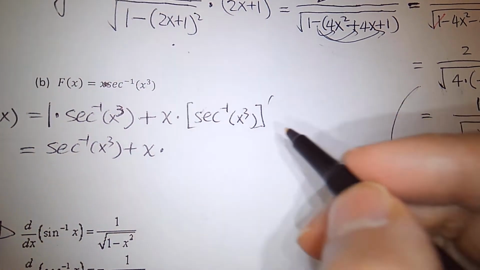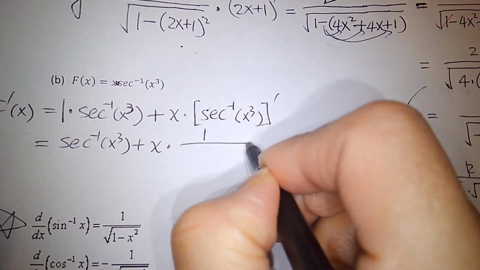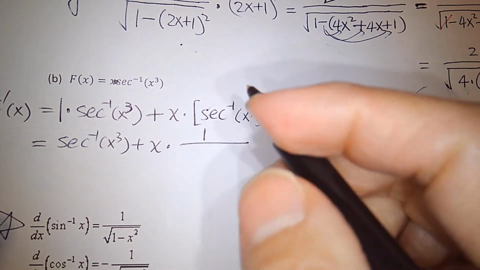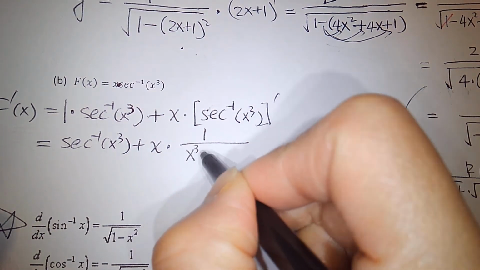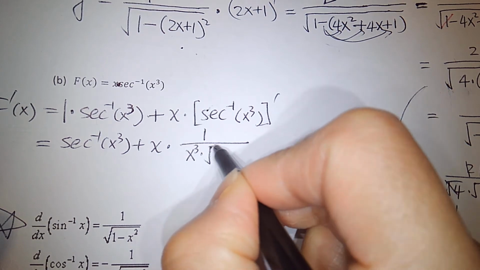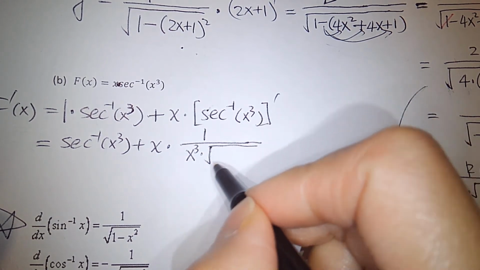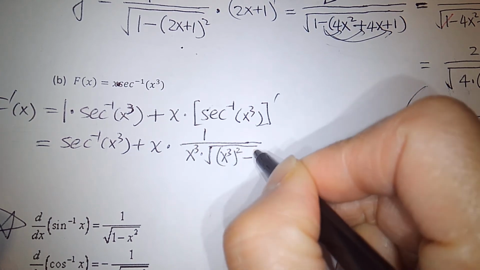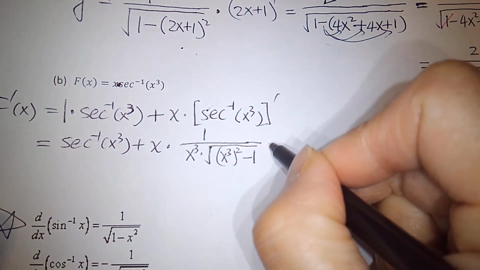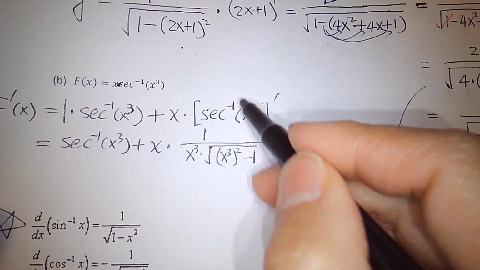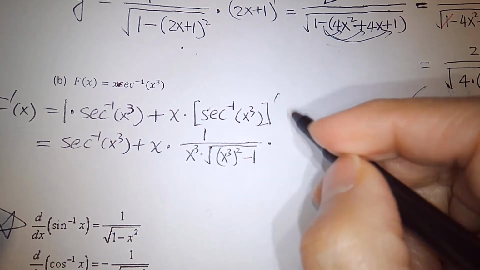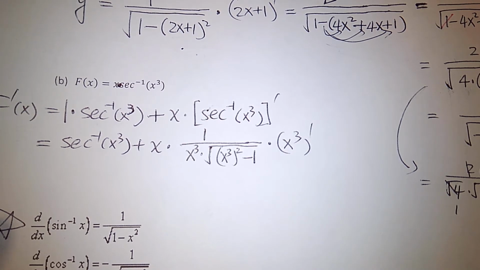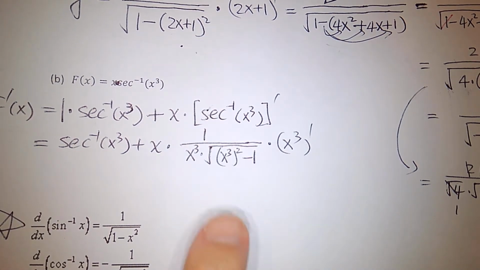So it is 1 over x cubed times the square root of x cubed squared minus 1. And don't forget, this is the derivative of inverse secant, so we have to differentiate x cubed by the chain rule.